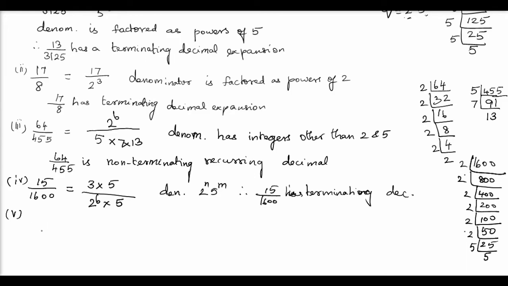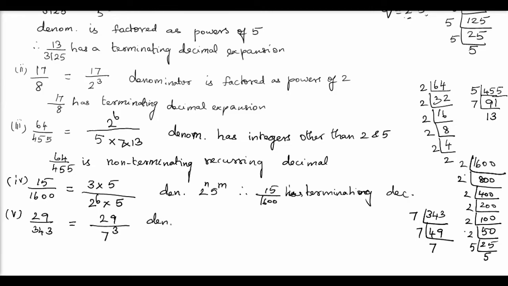The fifth subdivision, the number given is 29 by 343. Okay, the numerator is 29 as it is, and the denominator 343. When you divide, it is divisible by 7, so that you get 49. Again, it's divisible by 7, so 7. That is 7 cubed.